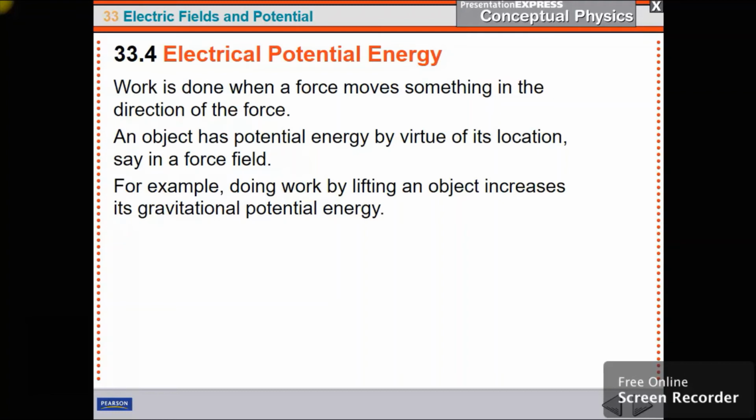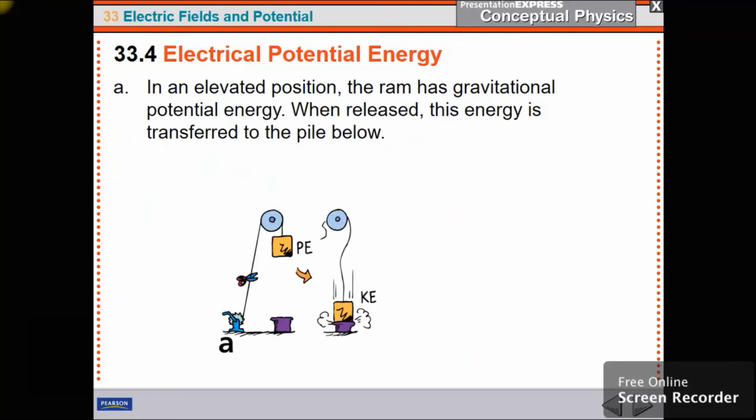For example, doing work by lifting an object increases its gravitational potential energy. And there's a great picture of that. There's this crank that pulls on the cord and it raises this object up. And now we're going to cut the cord, and the potential energy starts to fall and it turns into kinetic energy. Remember all this from the chapter on energy?